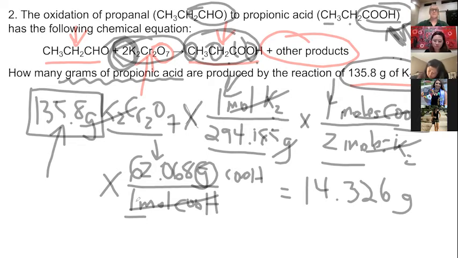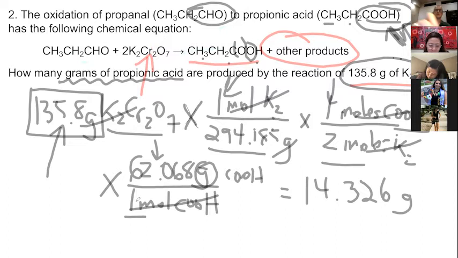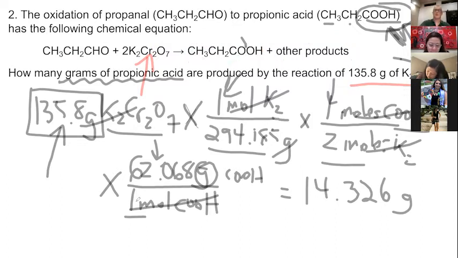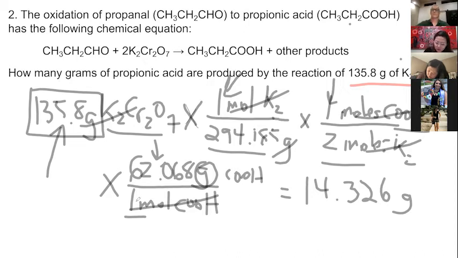So what is my final answer going to be? I'll get rid of some of this up here so you can actually see what's going on. What should my final answer be? 14.33 grams. That's right. Excellent.